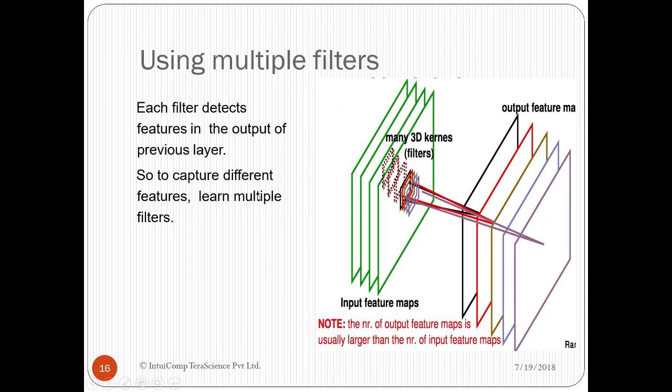Now, using multiple filters, each filter detects a feature in the output of the previous layer. So, to capture different features, learn multiple filters. An important point to be noted here is that the number of output feature maps is usually larger than the number of input feature maps.